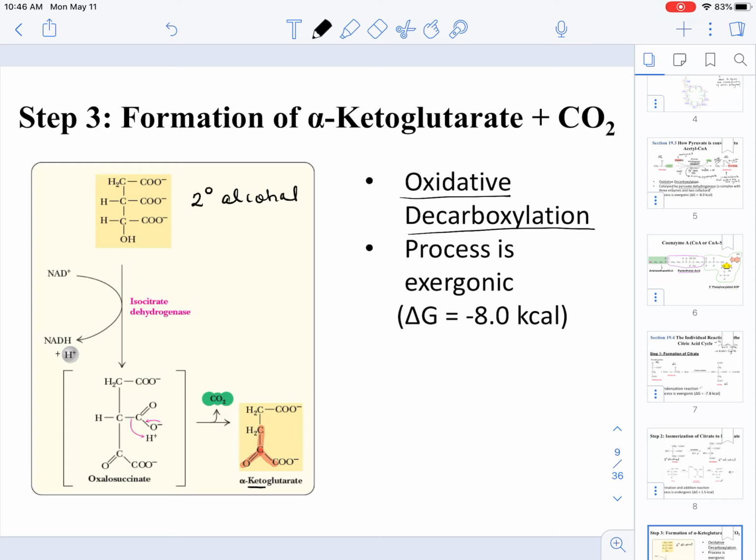And then oxalosuccinate gets decarboxylated, meaning that's where the CO2 comes from, to give rise to alpha-ketoglutarate. Now, this process of the oxidative decarboxylation of isocitrate, as you can see, is an exergonic process, so it's going to release energy.